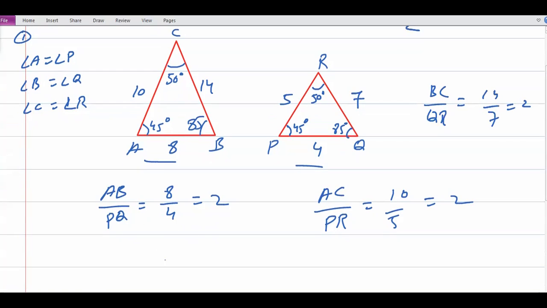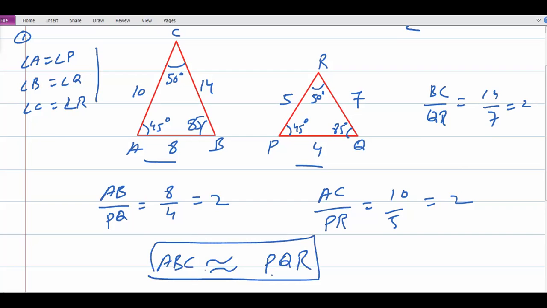So I will say ABC is similar to PQR, using this symbol for similar. Because the corresponding angles were equal and the ratio of corresponding sides came out equal, the triangles are similar.